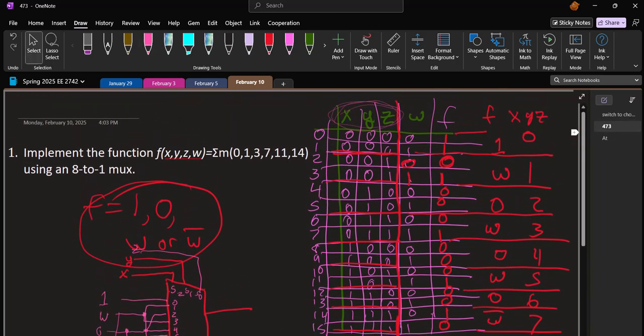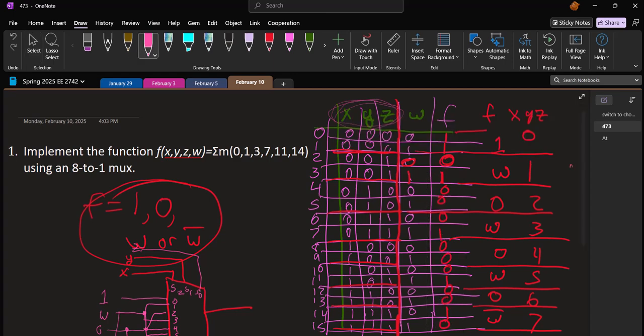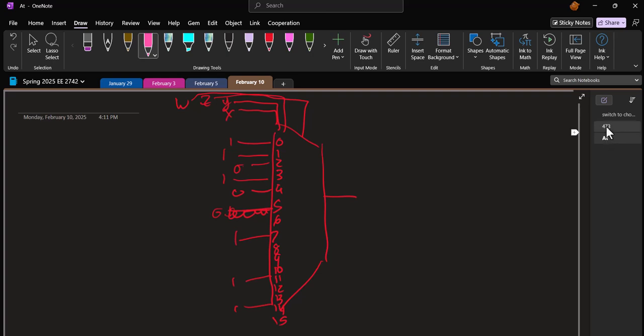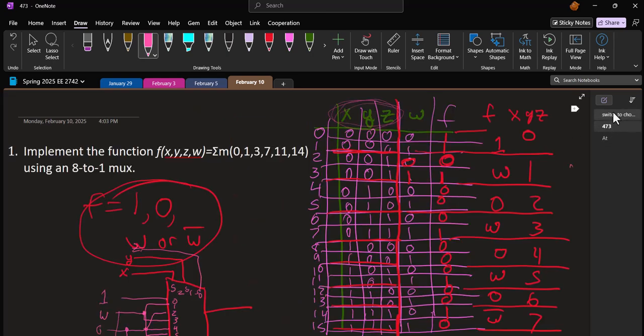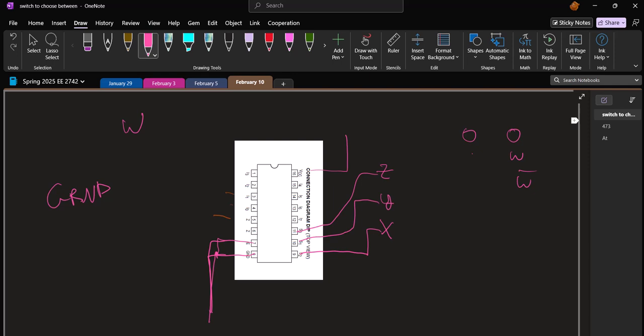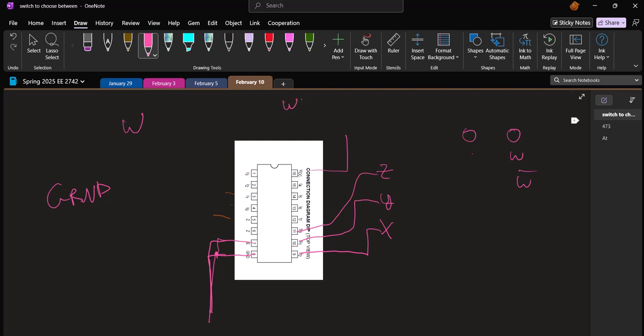When XYZ was 0, we said F was 1. So in our multiplexer, we're going to have VCC, which is going into pin 16. That is also going to be going into pin 4. That's high voltage.